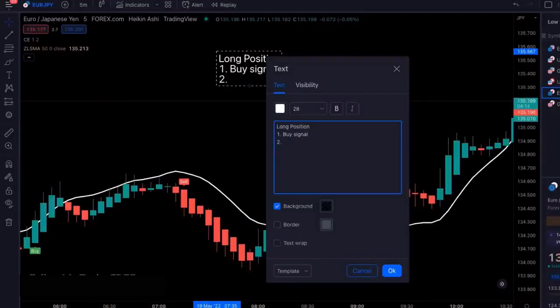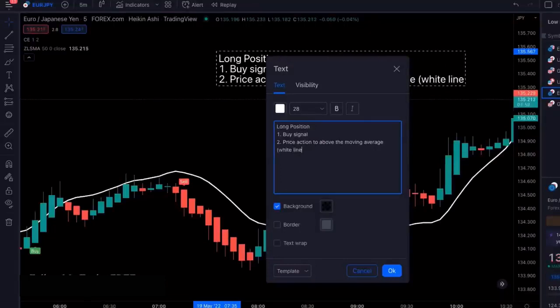Once you get the buy signal, you want the price action to be above the moving average, which in this case is the white line. And then you're going to set your stop loss below the swing low.